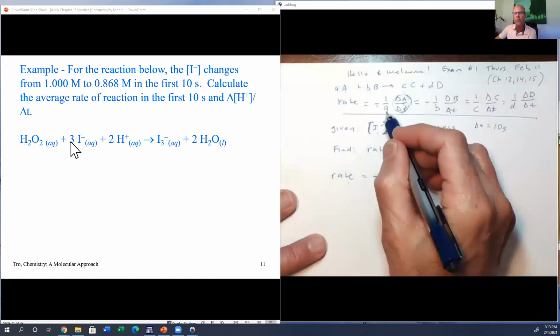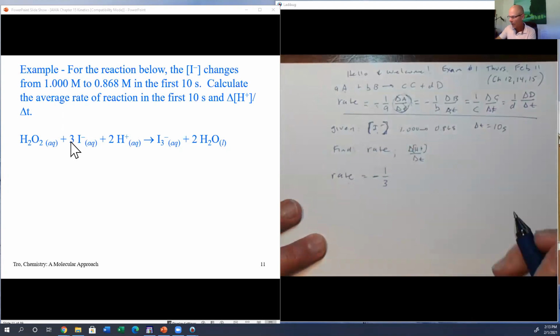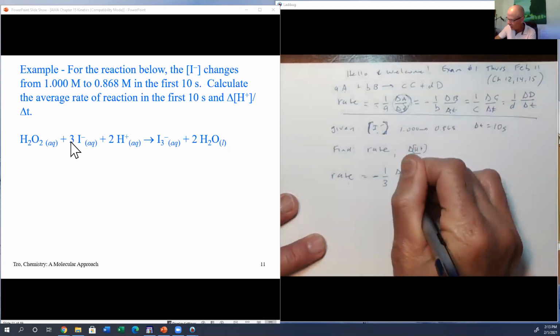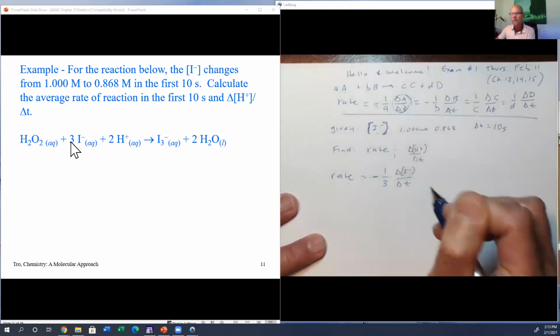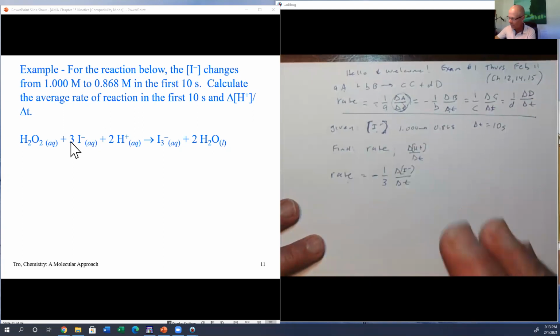I take 1 over 3, so that's 1/3 times the rate of change of I minus over time, delta I minus over delta t. Does that make sense? That's just applying that definition to this reactant, okay?